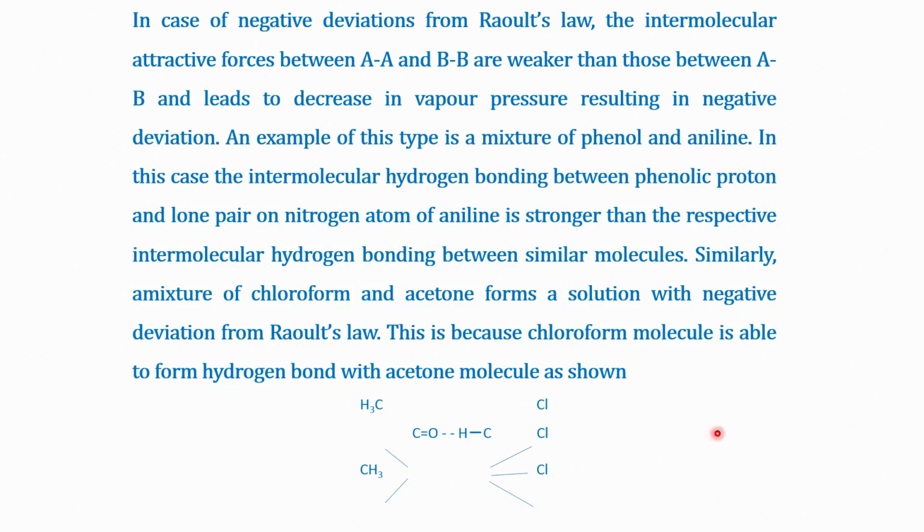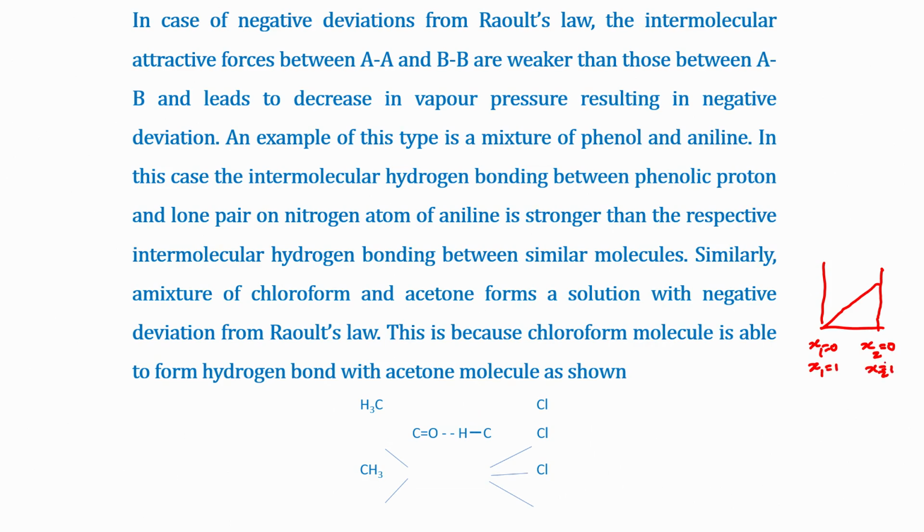If the vapor pressure is standard, that is AA and BB are all the same, and there is no change in the enthalpy or volume, delta H mixing, then it is possible that the intermolecular attractive forces of AA and BB are weaker than those of A and B. For example, here I have ideal Raoult's law, x1 is equal to 0, here x2 is equal to 1, and here x1 is 1, x2 is 0.